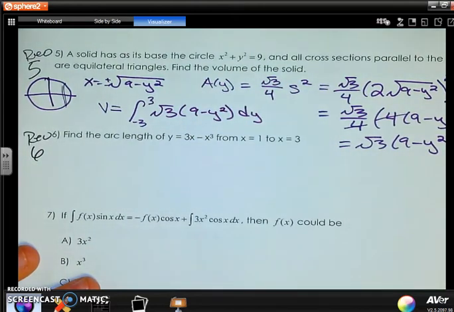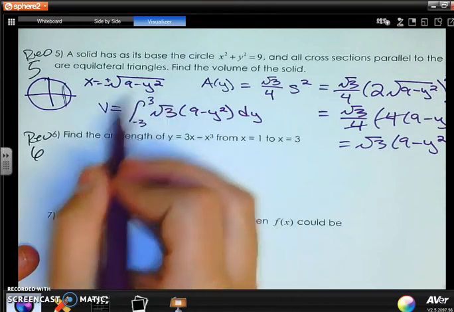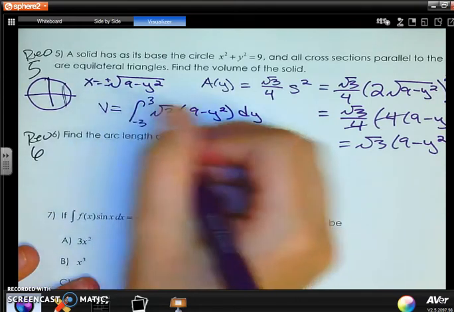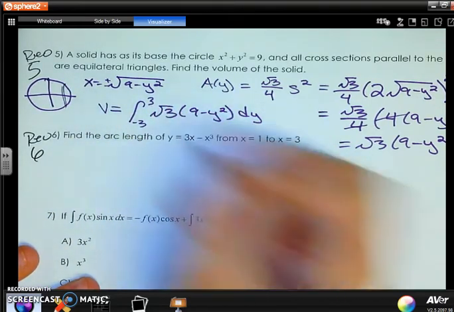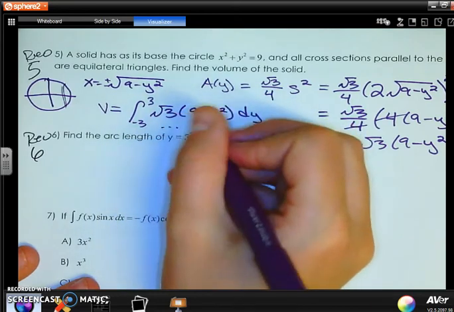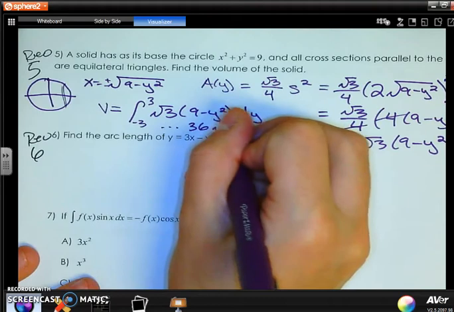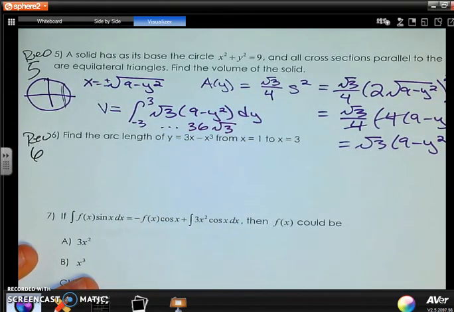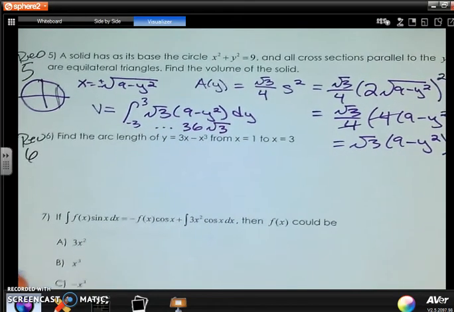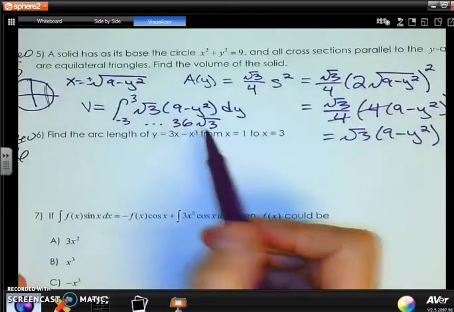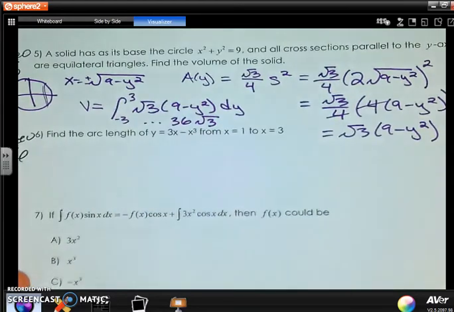And then you would go through and integrate this. I would actually take this radical 3 out, okay? If you factor that radical 3 out, you should end up with 36 radical 3. And this very well may be a setup question on the retest because you don't have your calculator. So, knowing that setup would be good.